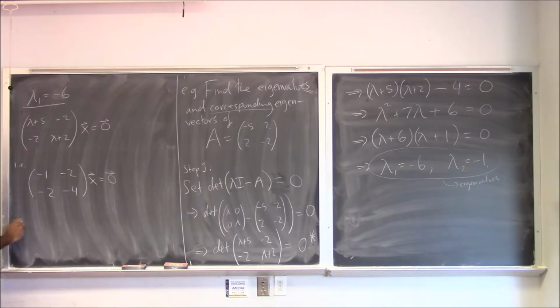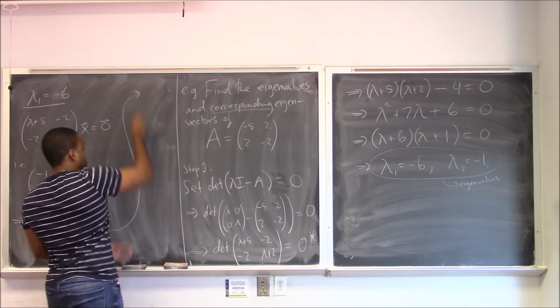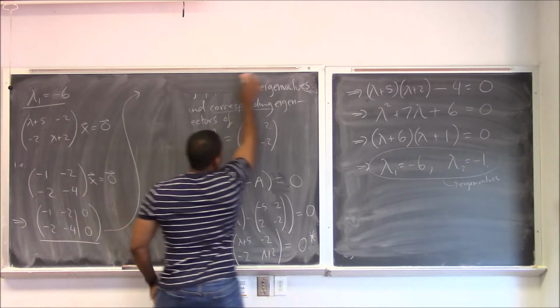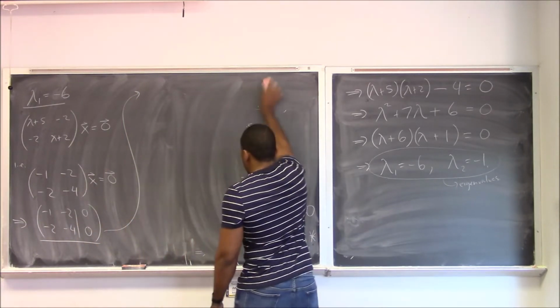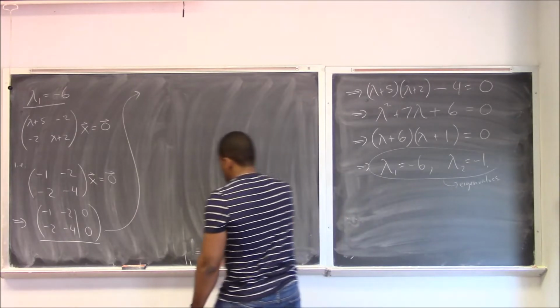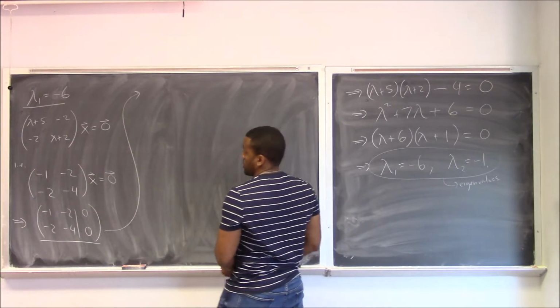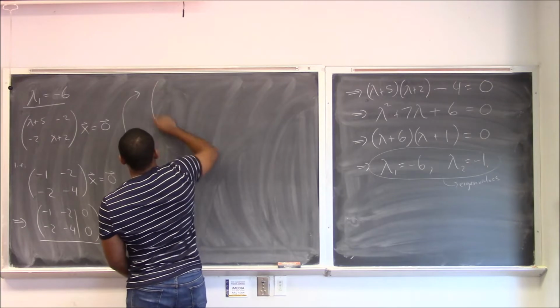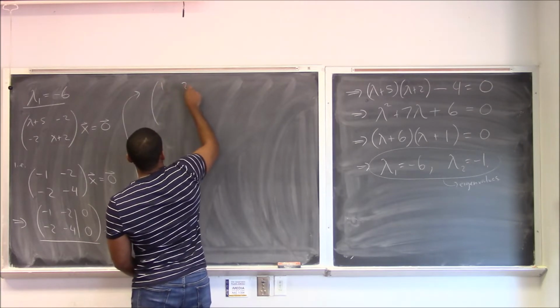Okay? This guy, I can just augment. How do we solve that system? The second row is a scalar multiple of the first, so I can just do 1, 2, 0.